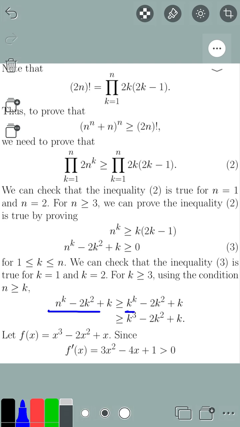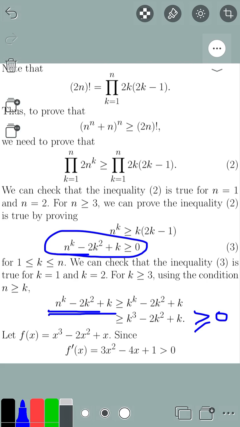First off, we proved that this is larger than 0, and when it's larger than 0, we can also say that it's larger than or equal to 0, and it's still true, because larger than is stricter than larger than or equal. So from the transitivity rule of inequality, we showed that this is larger than or equal to 0, which is exactly what we wanted to prove here.